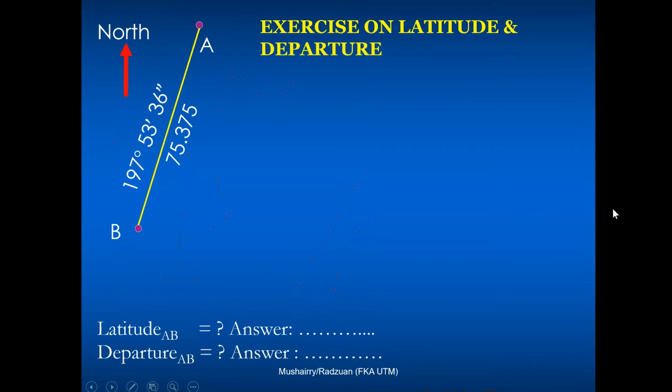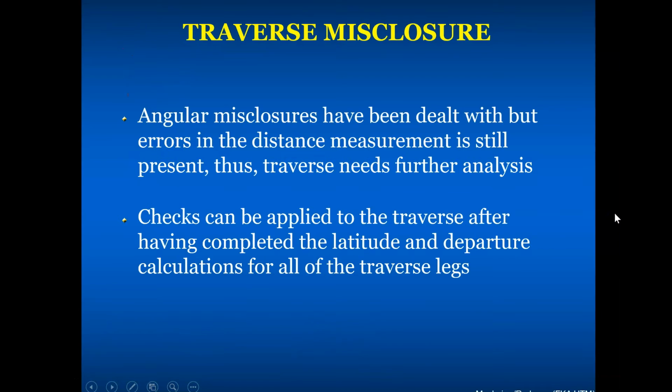Next, traverse misclosure. Now we have taken care of the angular misclosure, and now we're going to be looking at the distance misclosure.